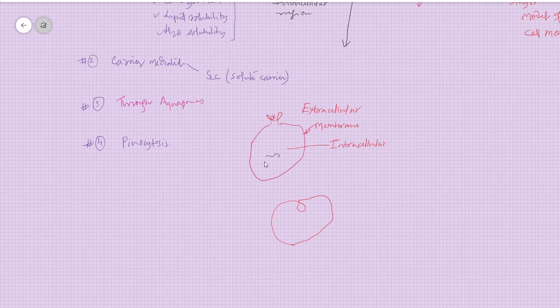Let's say this is the eukaryotic cell and that's the nucleus. We see here that the membrane invaginates and then ultimately it reaches the drug within the cell.